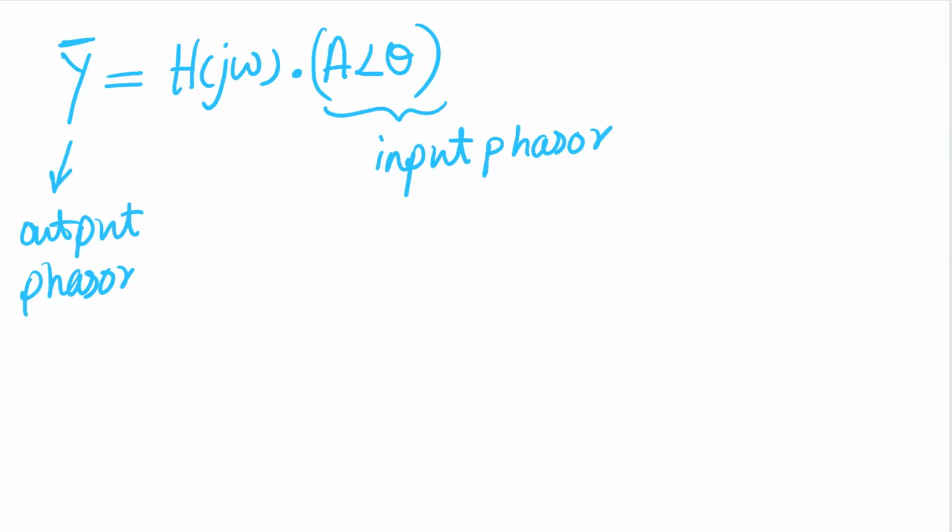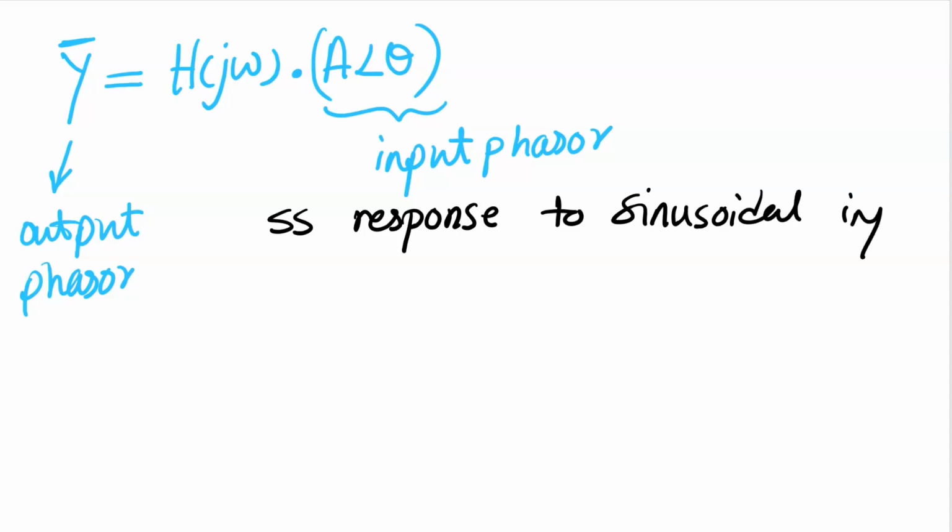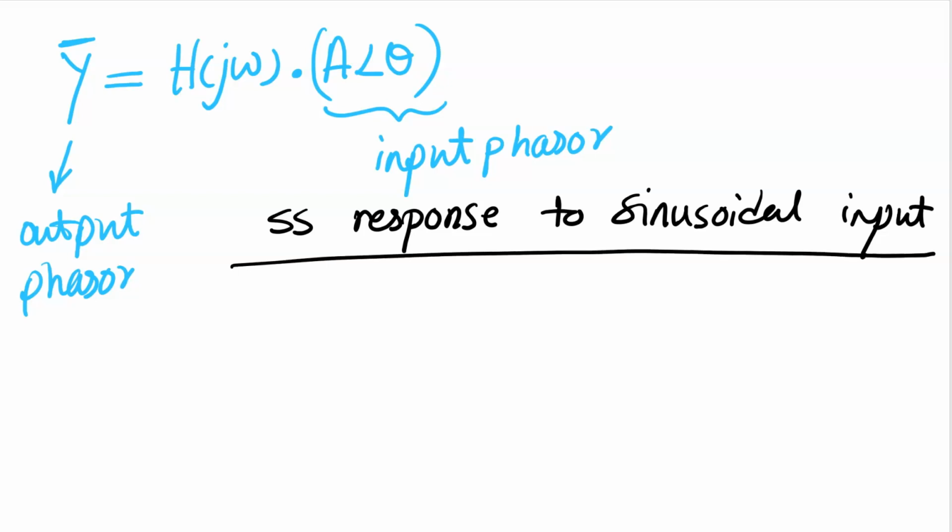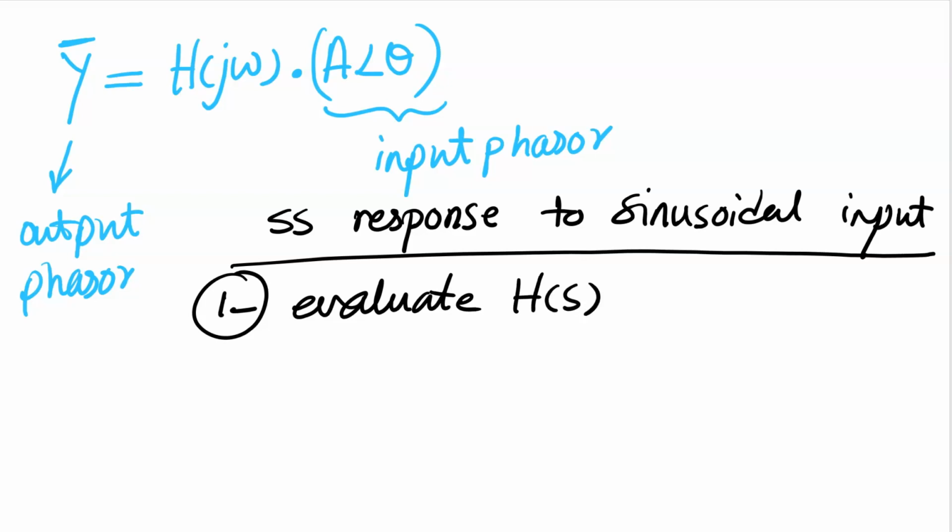Now I can tell you the steps, and then I'm going to show you an example to see how we can follow these steps. The first step, in order to find the steady state response to a sinusoidal input, is that you have to evaluate your transfer function, which is H(s) at jω.